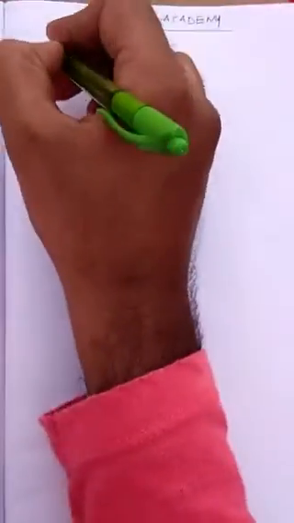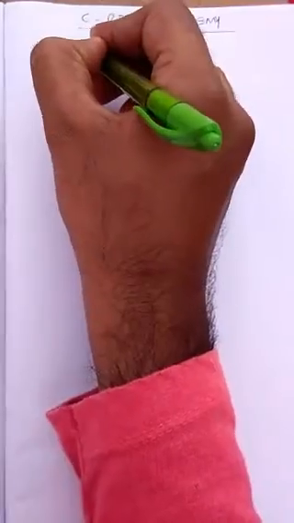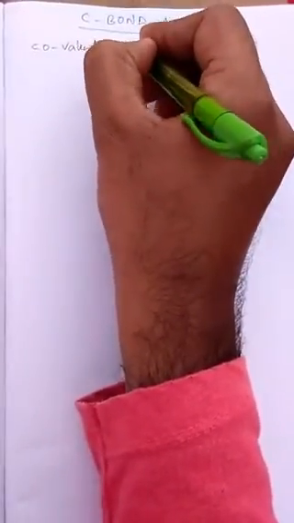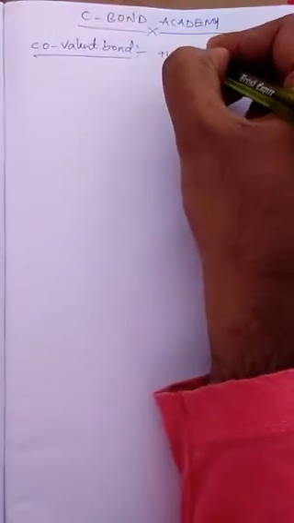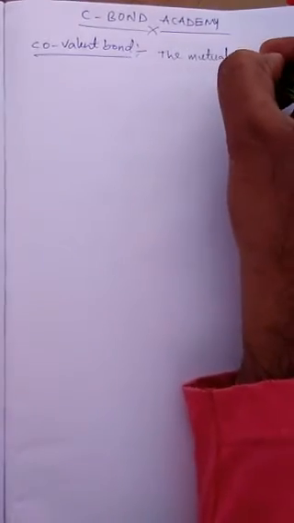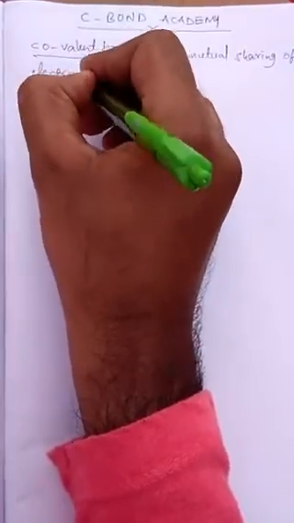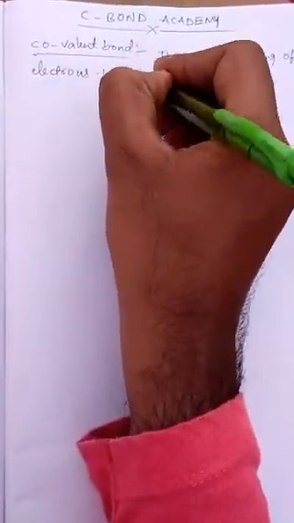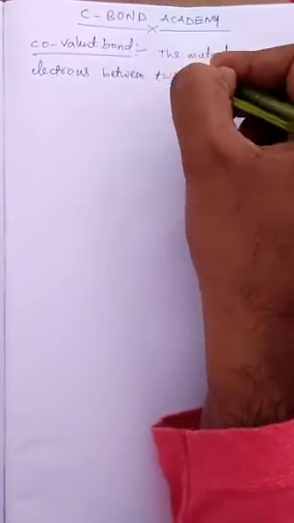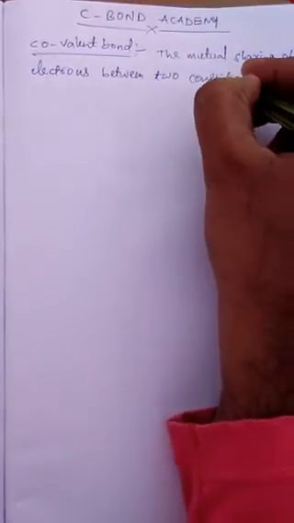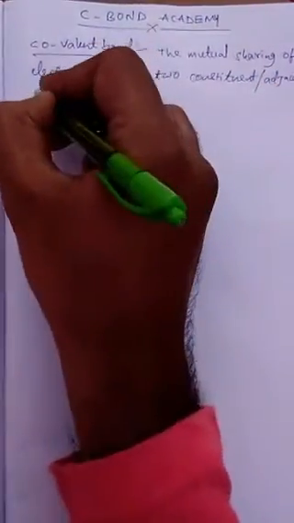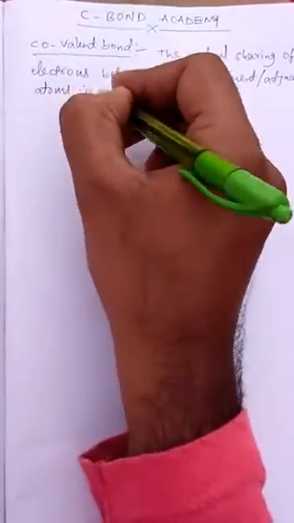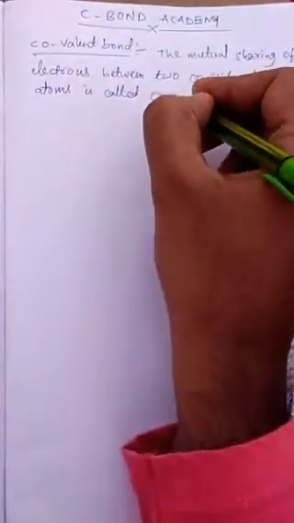Now the topic is covalent bond. So covalent bond means, first of all, the definition: the mutual sharing of electrons between two constituent or adjacent atoms is called covalent bond.